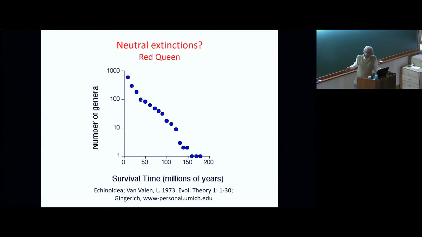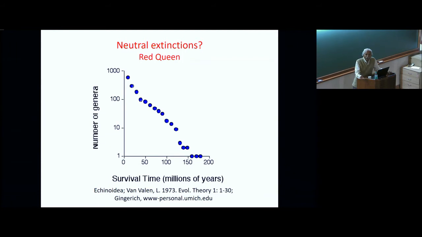By putting together these lifetimes and arranging everything in one picture, can I work out what the probability of extinction of an average species might be? And he's done that for a great many groups. I've given the reference there. His paper is even today worth reading. To sum it up, what he found was that the probability of extinction per unit time when plotted on a semi-log plot was a straight line.